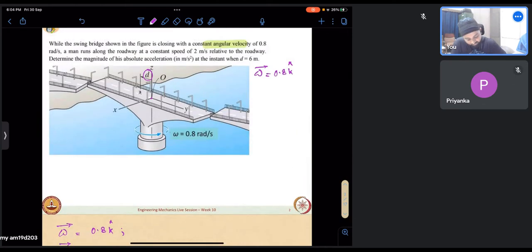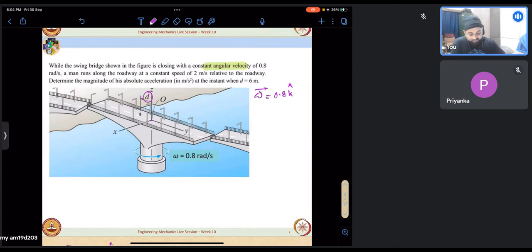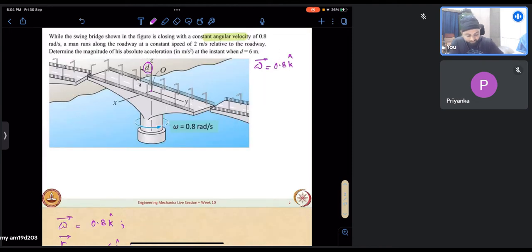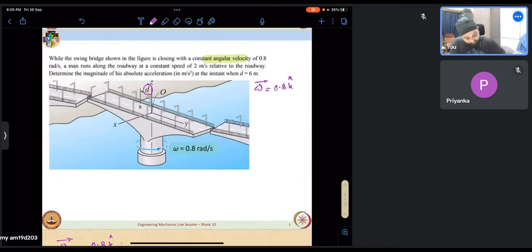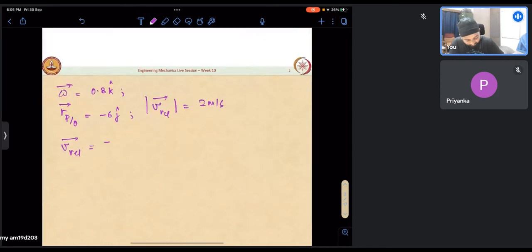Okay, and then what else is given? That is the person is running away at a relative velocity of 2 meters per second. So v relative magnitude is given to be 2 meters per second, and we know the direction as given. So v rel vector is minus 2 j cap, and this is constant is what is given.